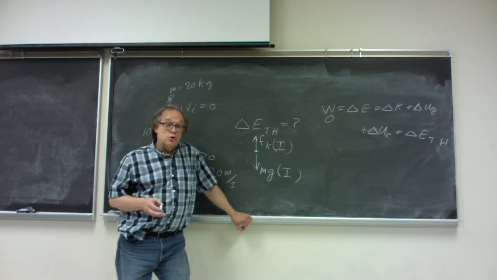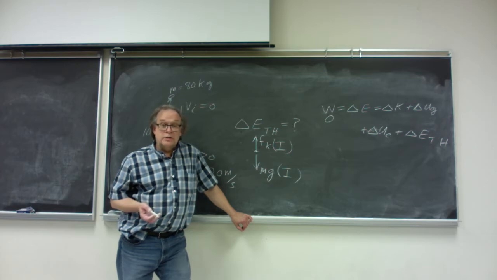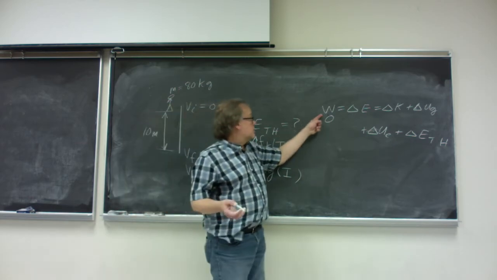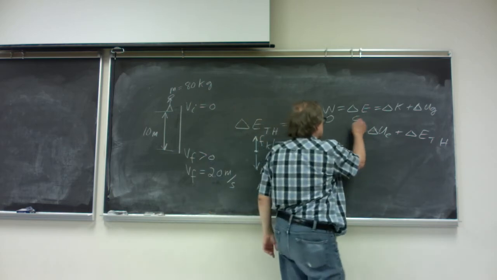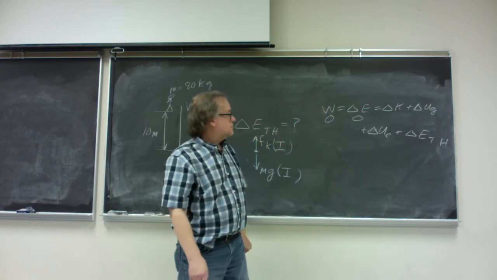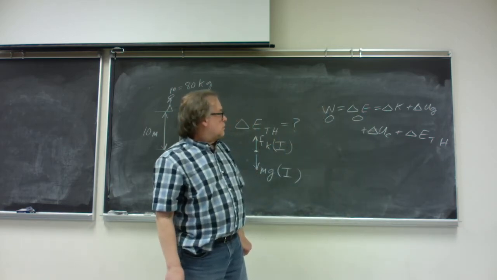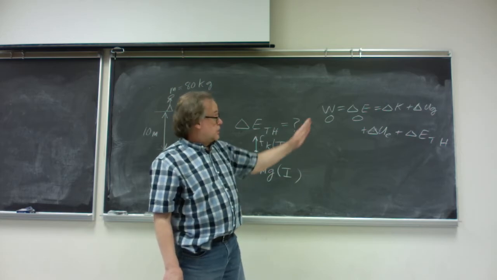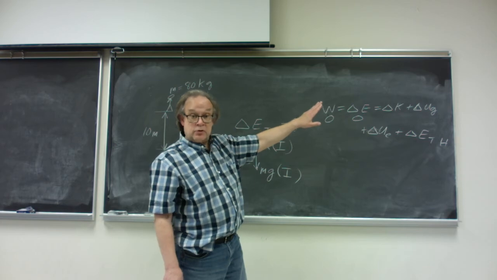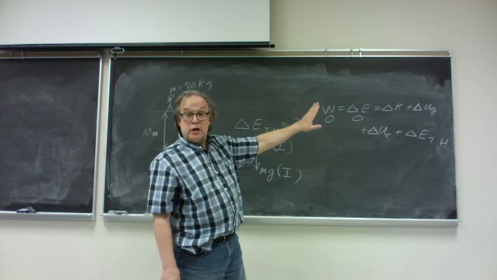And since no work was done by any external forces, the total energy of our system does not change, because work done by an external force is the only way to change a system's energy. So overall, the system's energy did not change, but individual types of energy did change.